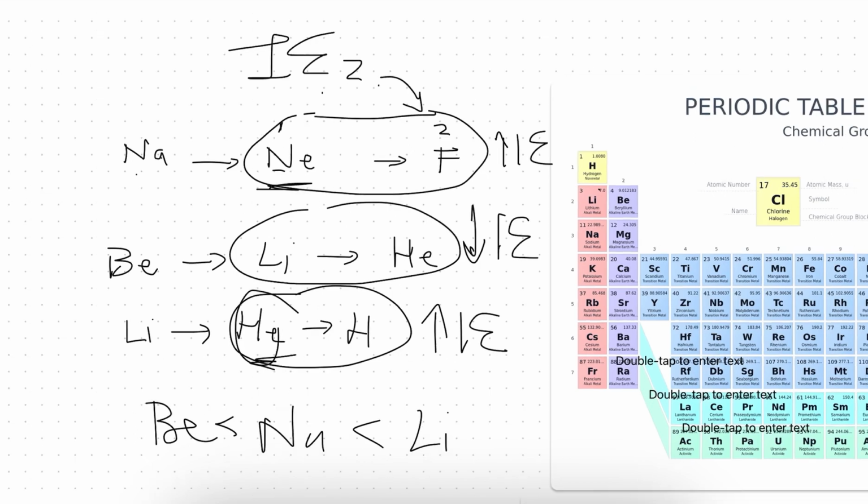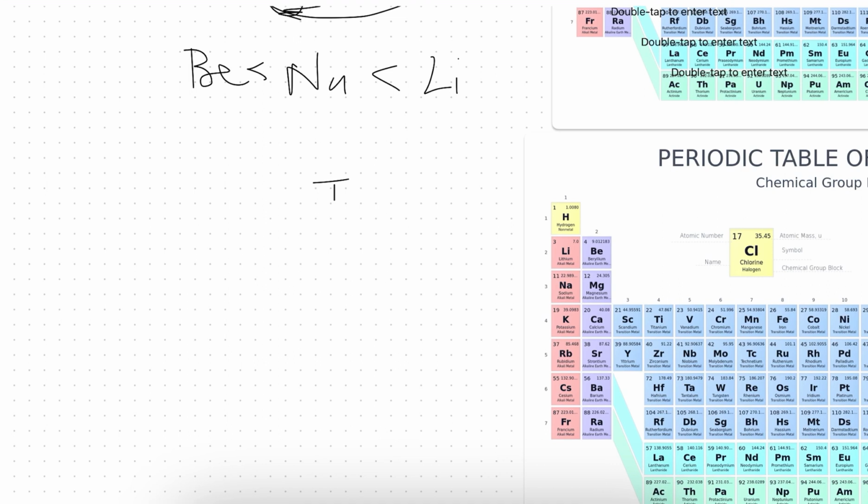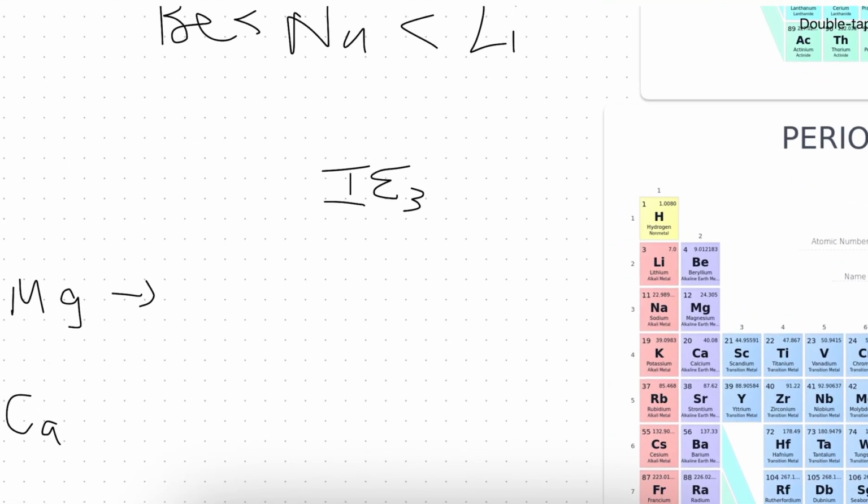Let's do another example. Third ionization energy. And we're going to have Mg, Ca, Al. They're going to lose electrons 3 times. Magnesium is going to lose 1 to give you the configuration of sodium.